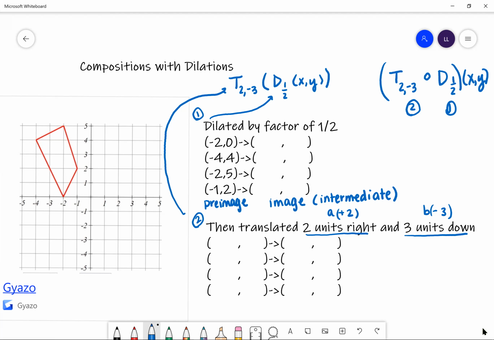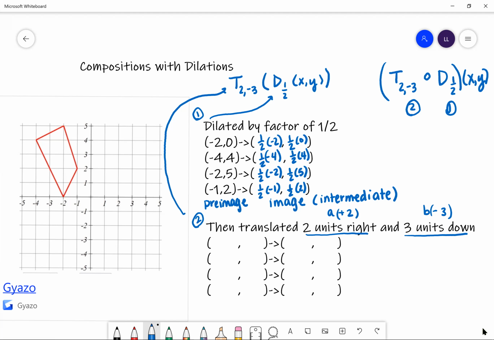So remember, with the rule of 1/2 of (x, y), that means we're going to take 1/2 of x and 1/2 of y. So 1/2 of -2, 1/2 of 0, 1/2 of -4, 1/2 of 4, 1/2 of -2, and 1/2 of 5, and then 1/2 of -1, and 1/2 of 2.